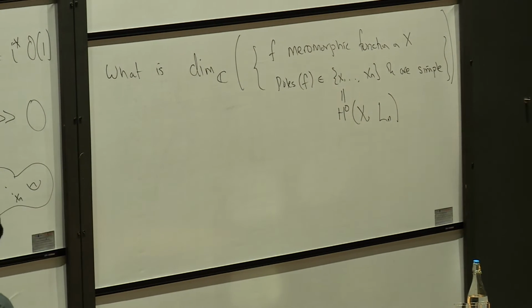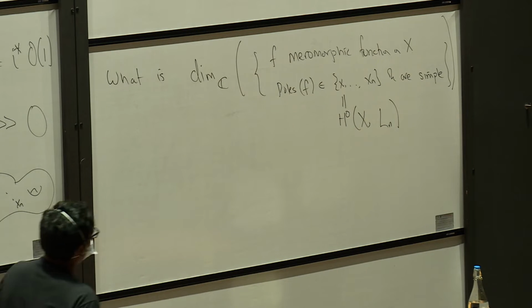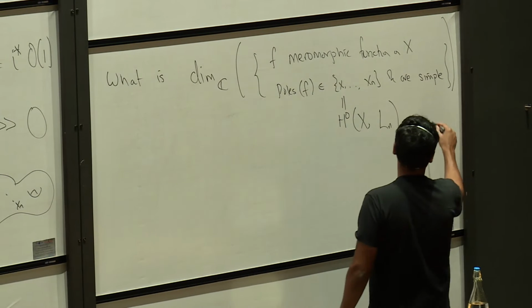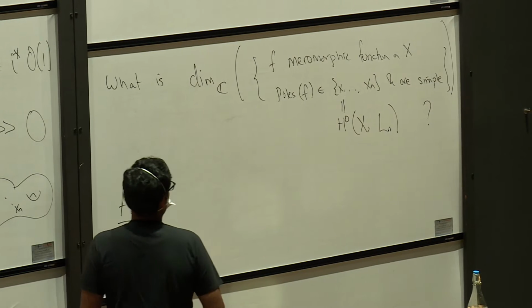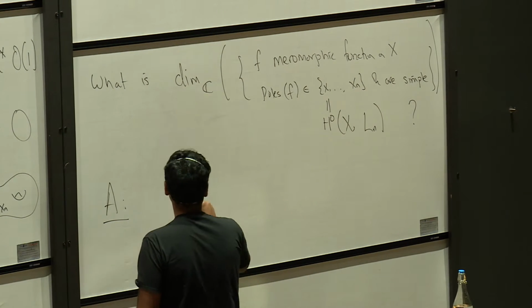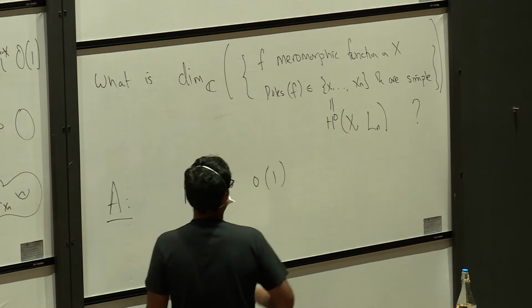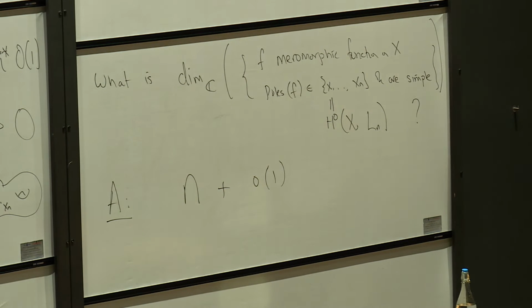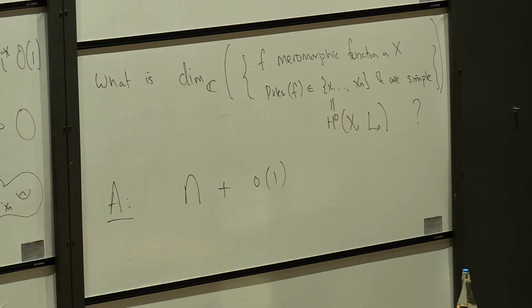And then the Serre vanishing theorem together with Riemann-Roch gives us an asymptotic formula for the answer. And it says that the answer is given by just the number n plus O(1). So asymptotically in n, there is one extra function each time you allow one extra simple pole.